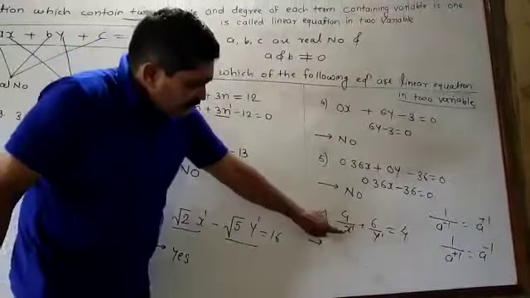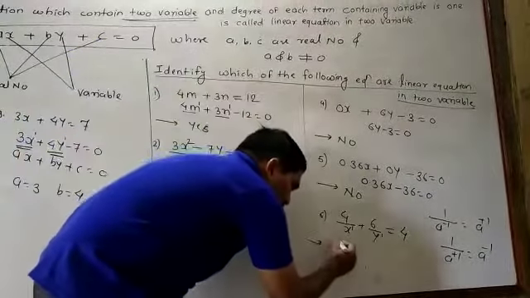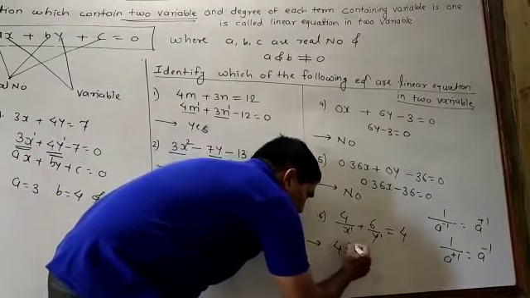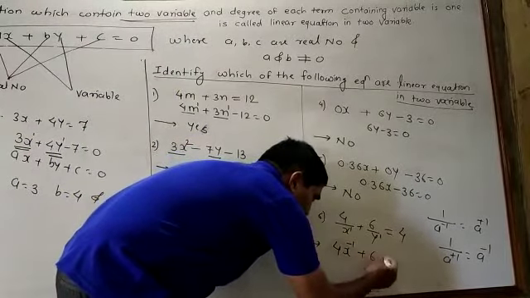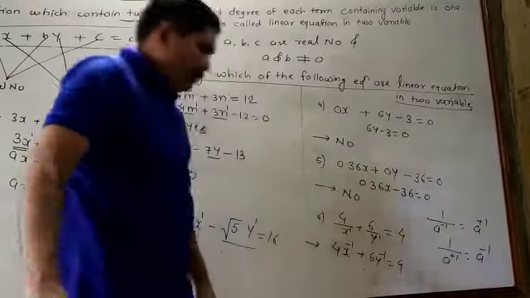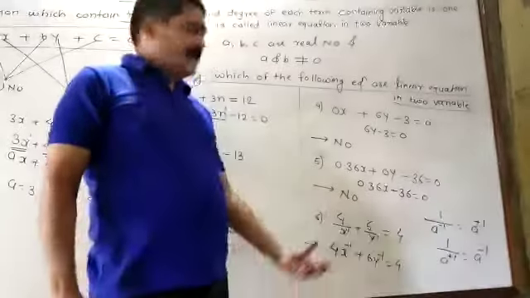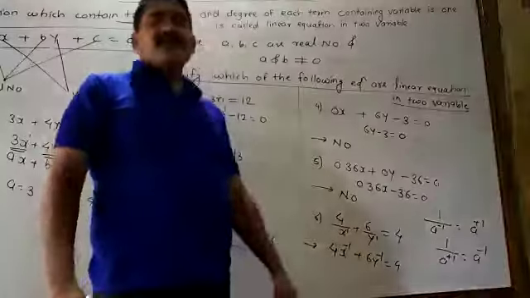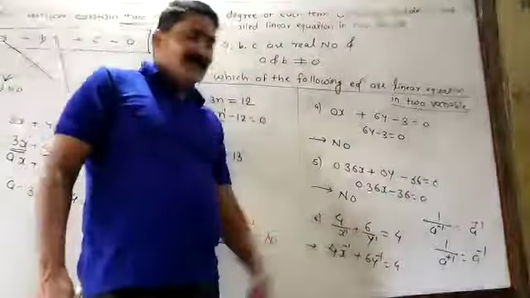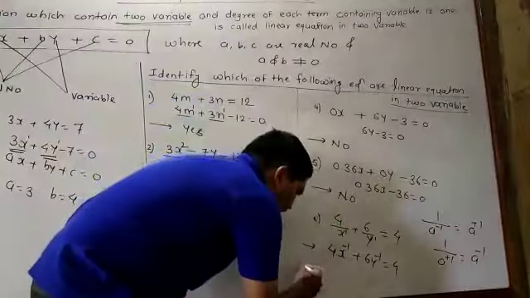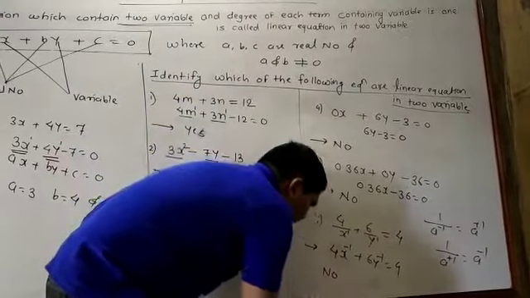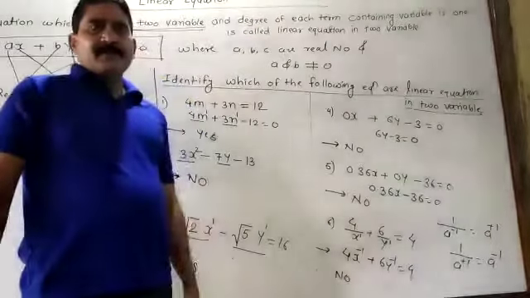Here x raised to plus 1 will go upside, so this equation becomes 4x raised to minus 1 plus 6y raised to minus 1 is equal to 4. Here the index of each variable term is not 1; it is minus 1. So I will say that this is not a linear equation in two variables.